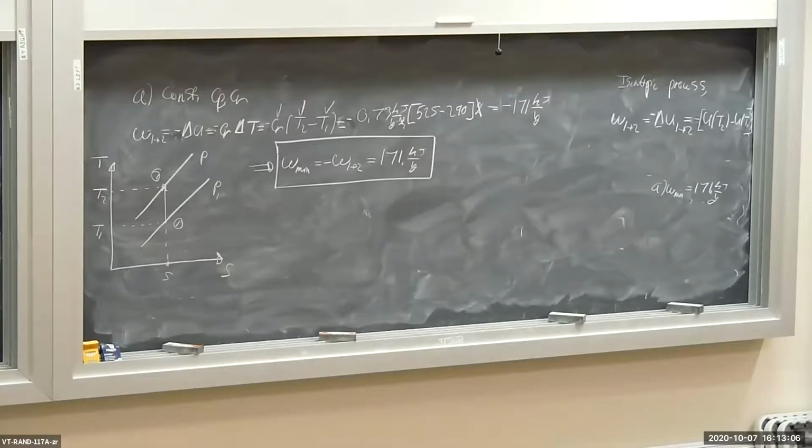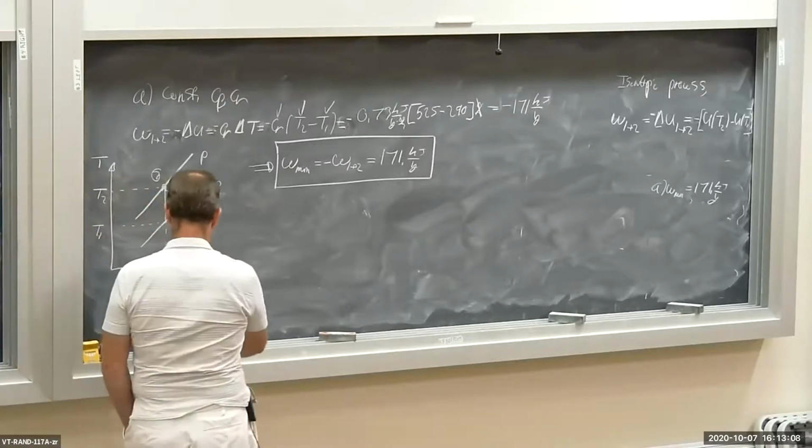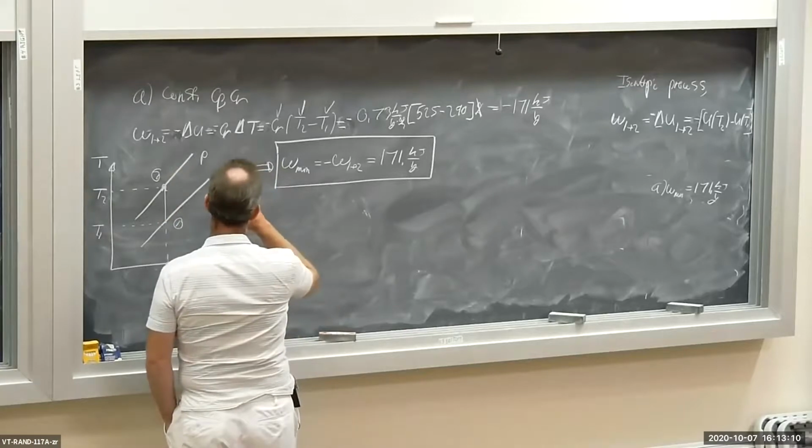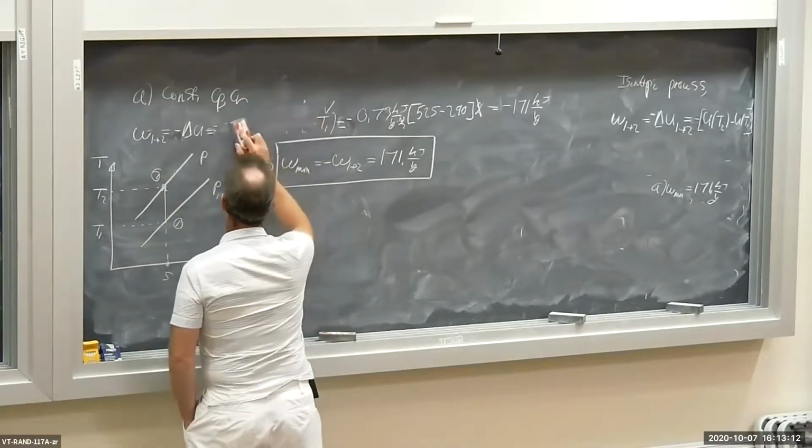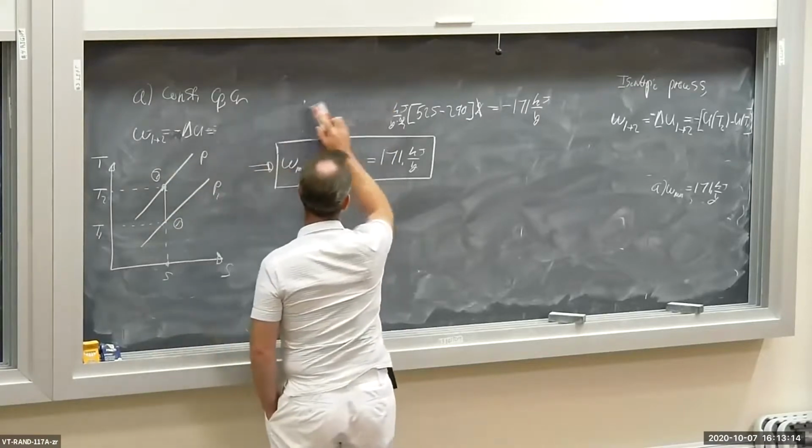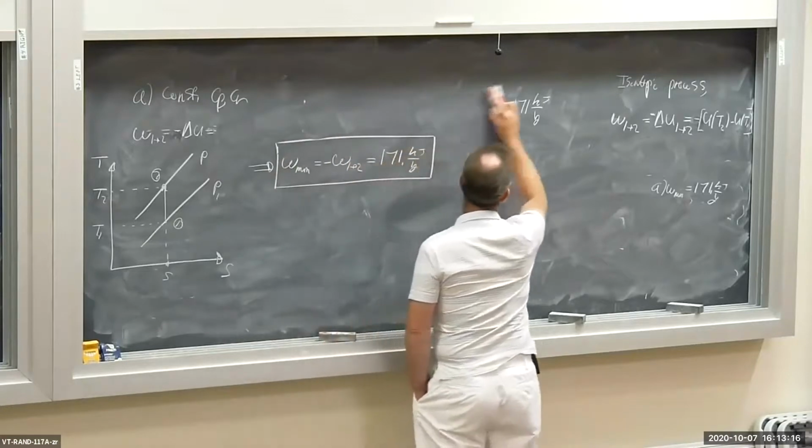So let's do variable specific heat. I'm going to take this equation and get rid of everything involving constant specific heat.